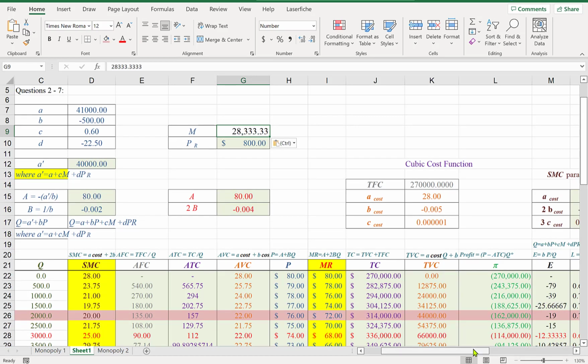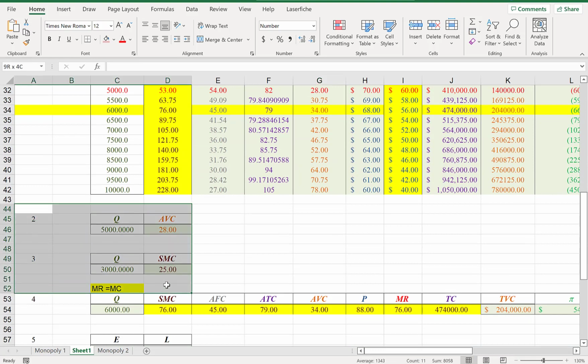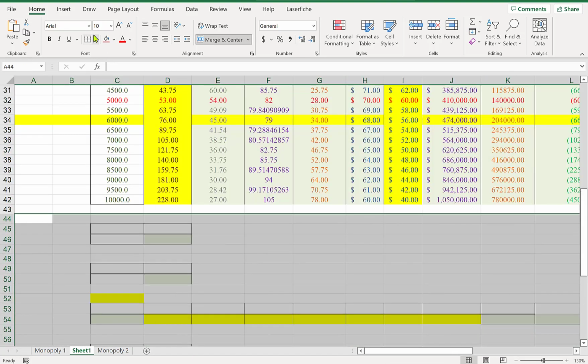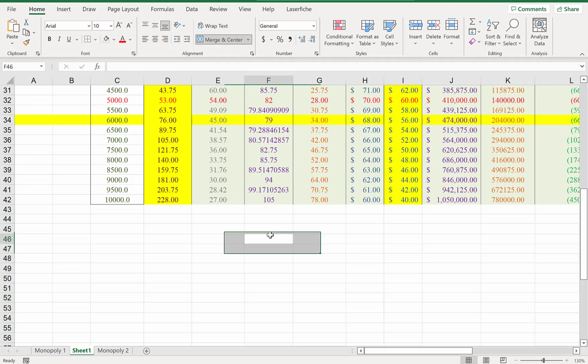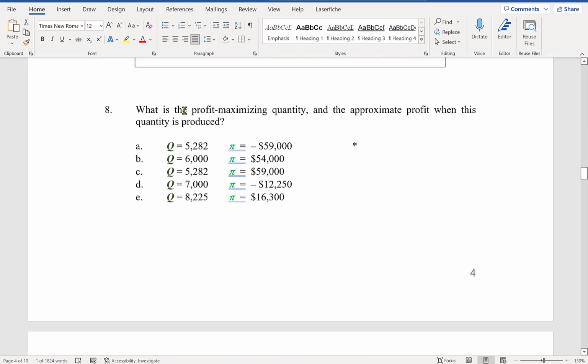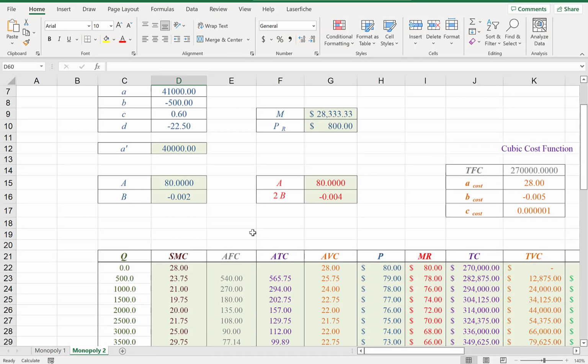Look, everything has changed. Interesting. These belong to the previous question, so I'm going to get rid of this. So what is the current question? It's going to ask me probably for the optimal level of output. What's the profit maximizing quantity and approximate profit when this quantity is produced? This is not that hard at all.